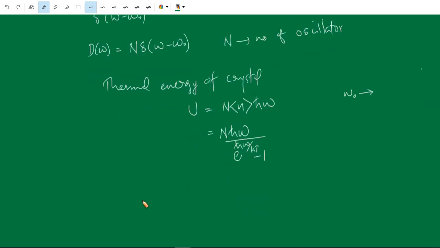Therefore, the heat capacity of a solid is equal to the partial derivative of the total energy with respect to temperature at constant volume. So this becomes N h cross omega.